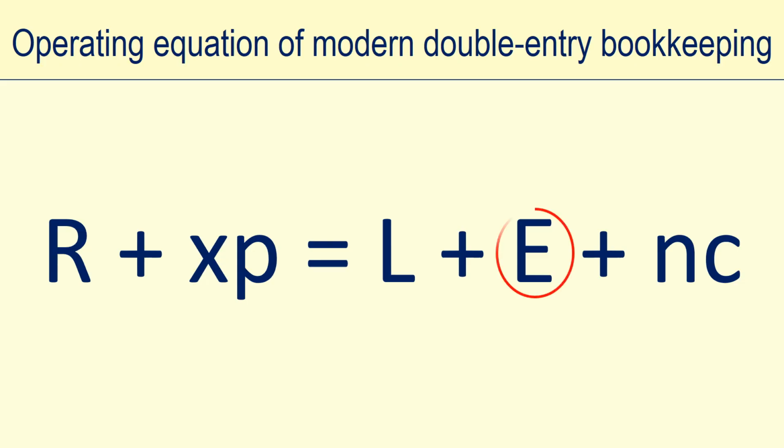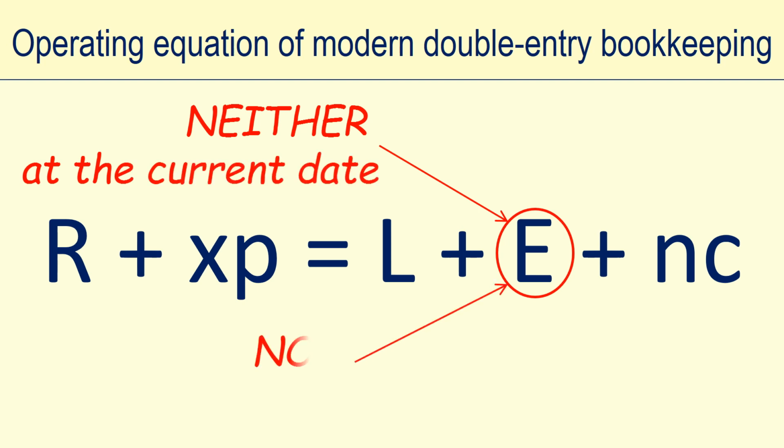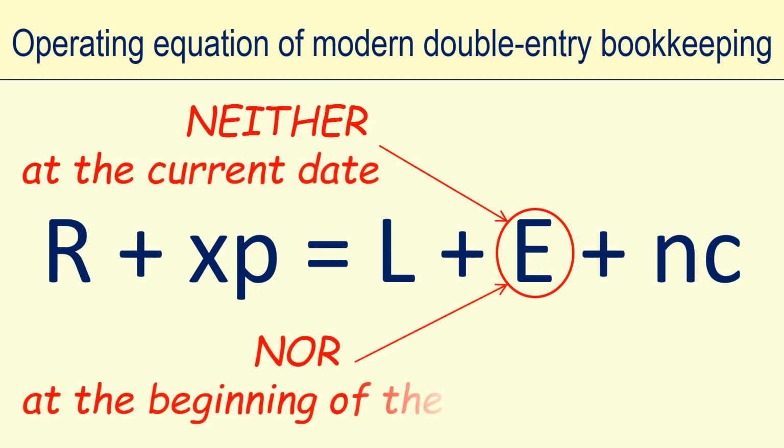It cannot be taken as a value as of the current date, because it does not include the profits earned from the beginning of the reporting year. But it cannot be considered a value as of the beginning of the reporting year either, as it includes the results of economic events occurred after the date, such as payment of dividends.